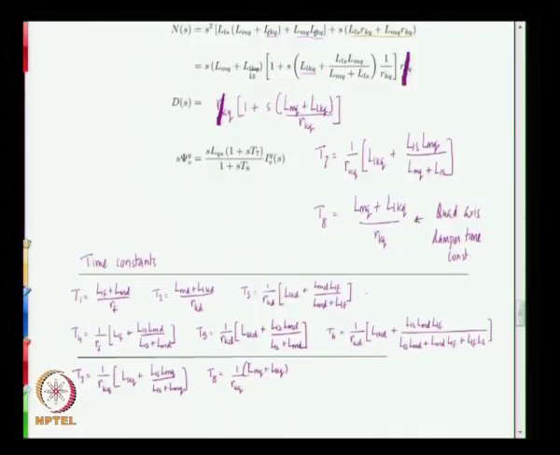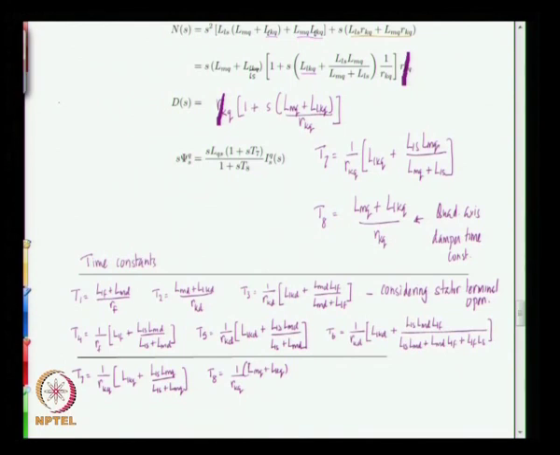We found that all these terms can be written down by looking at the equivalent circuit, considering the stator terminal as open. So, that is what we have seen.